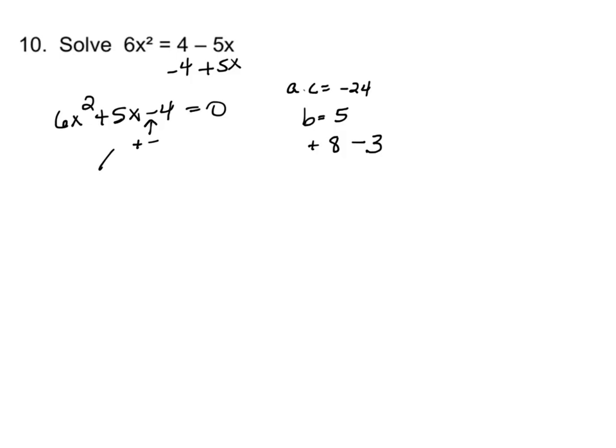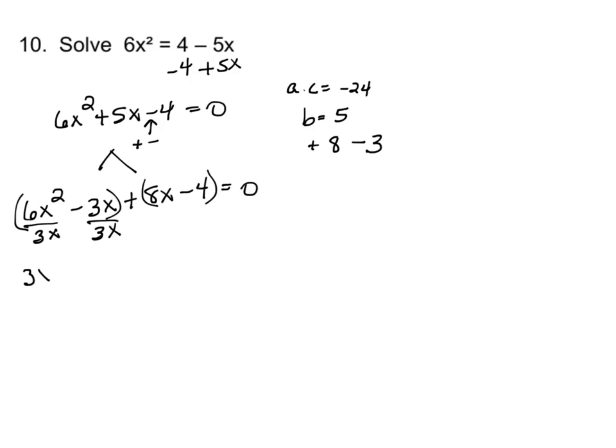So you replace the 5x, you have 6x squared minus 3x plus 8x minus 4 equals 0. Group them. Factor out your greatest common factor, which is 3x.